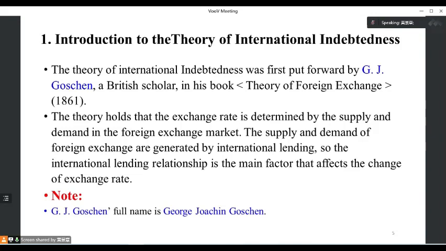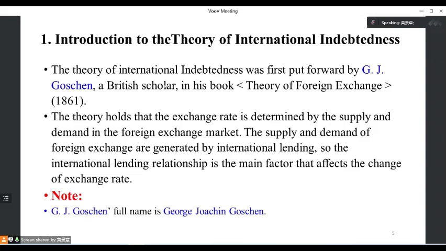The theory of international indebtedness was first put forward by G.J. Gossen, a British scholar, in his book, Theory of Foreign Exchange, 1861.